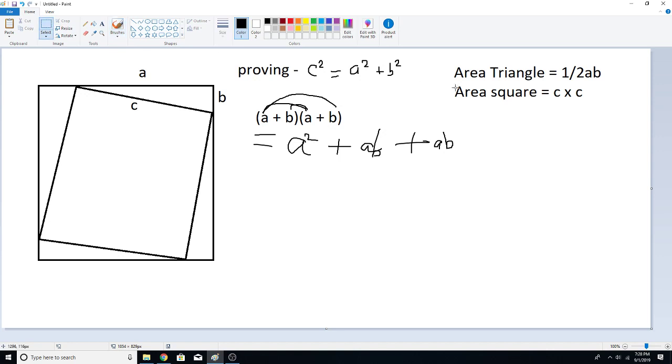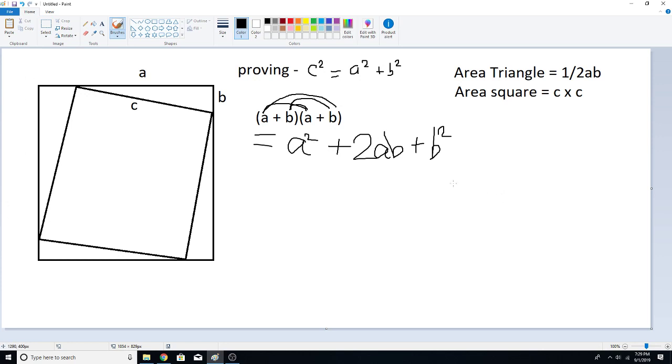So AB plus AB is 2AB, and I think that's why I put 2 to start with, which was kind of confusing it. And then the last one, B times B is B squared. So that is the area of this square.